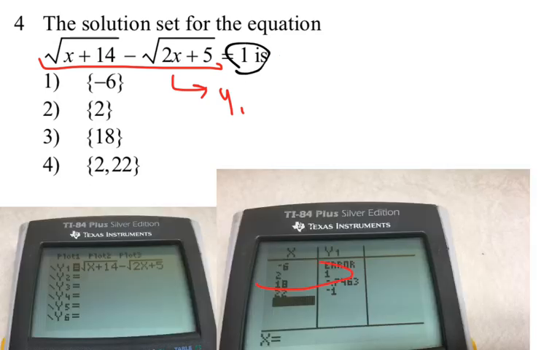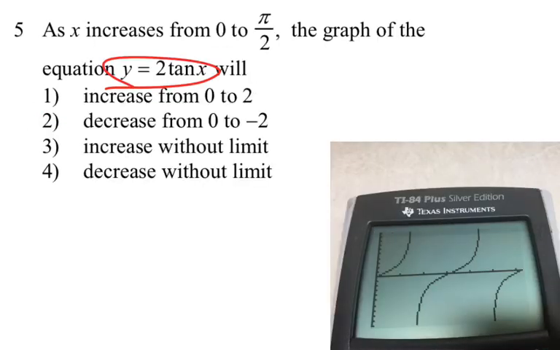Then it allows me to plug in the values that I want, as you can see over here. And then I realized that when x equals 2, that was the only case when my result will be equal to 1, same as the right side, which is choice 2 becomes my answer.